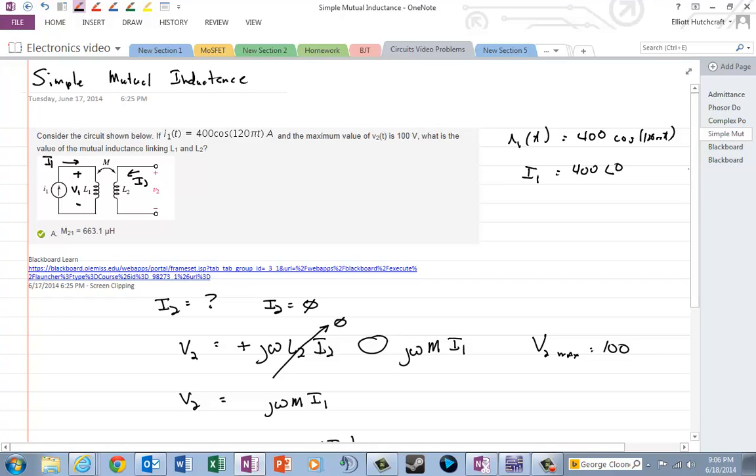You could actually define dots and do everything that way, but it's better not to do that since they don't give it to you in this case, and just assume that you're going to get the maximum like we did. So okay, that's the simple problem, and we'll turn that over.